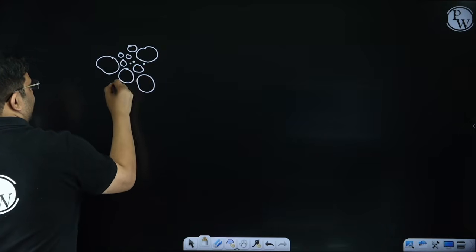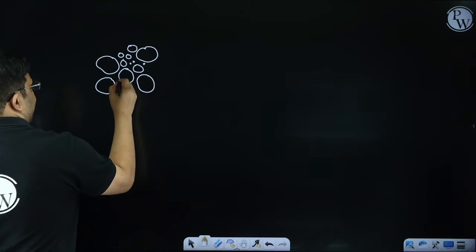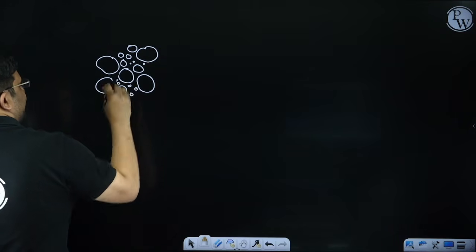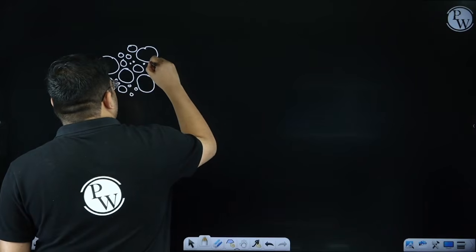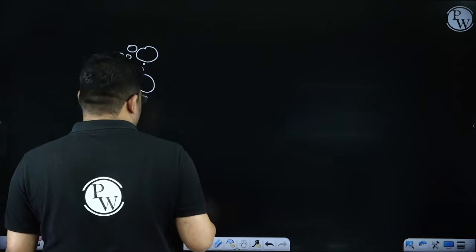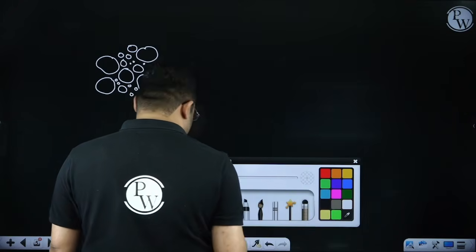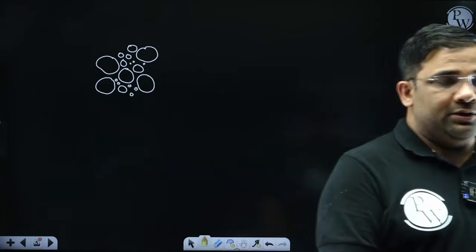So in between them, in between that space, there will be voids, right? I'm not drawing the entire thing, but the space between the coarse aggregate, fine aggregate, and the filler or sand will be voids.